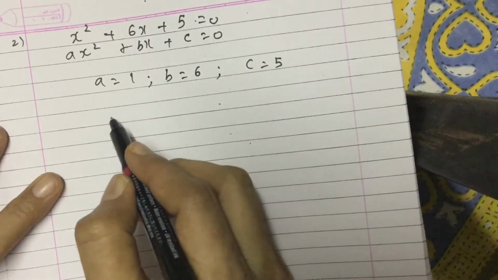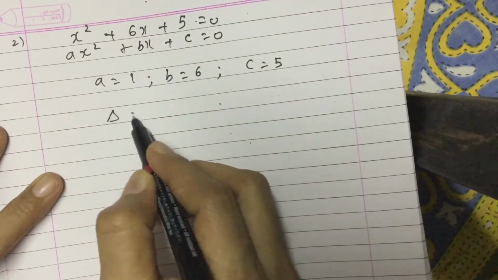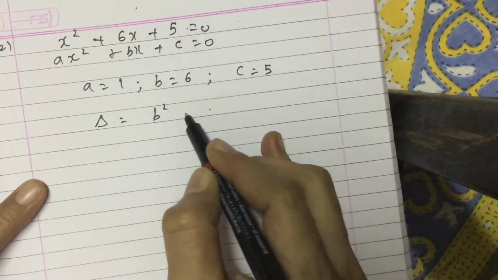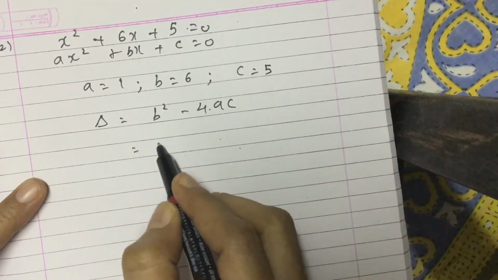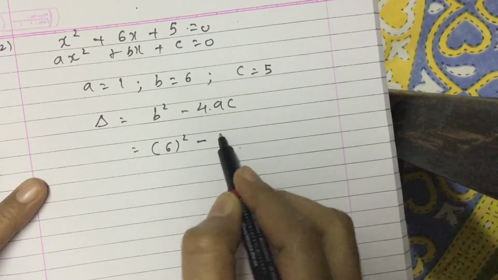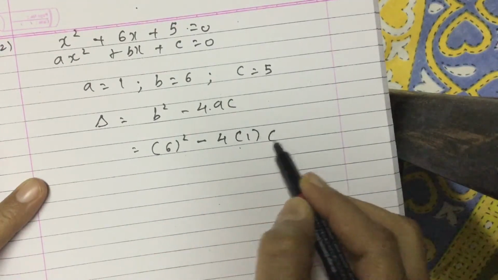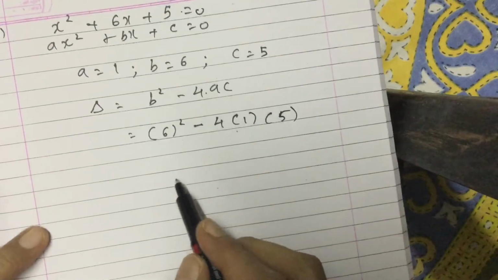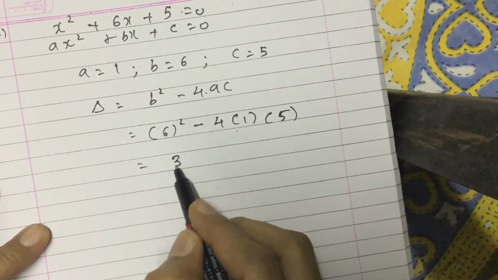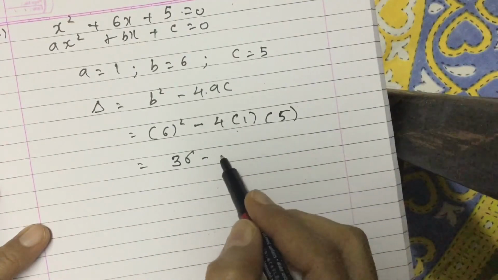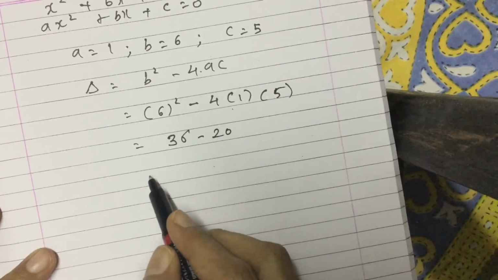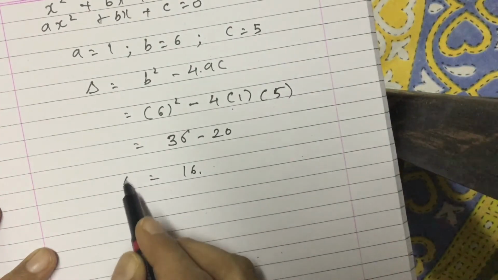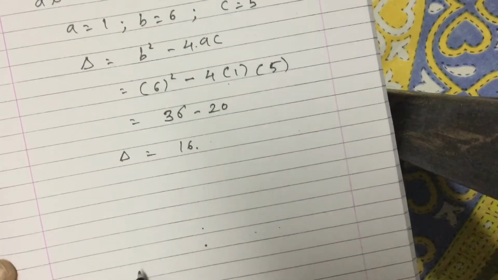Now I find the value of delta, b square minus 4ac. By using these values, 6 square minus 4 times a value 1 and c value 5. So 6 square is 36, minus 4 ones are 4, 4 fives are 20. 36 minus 20 is equal to 16, therefore delta is equal to 16.